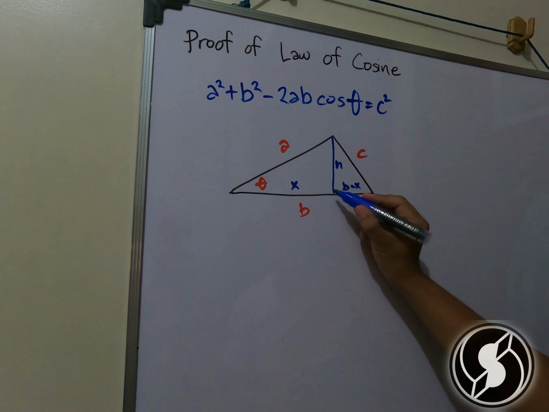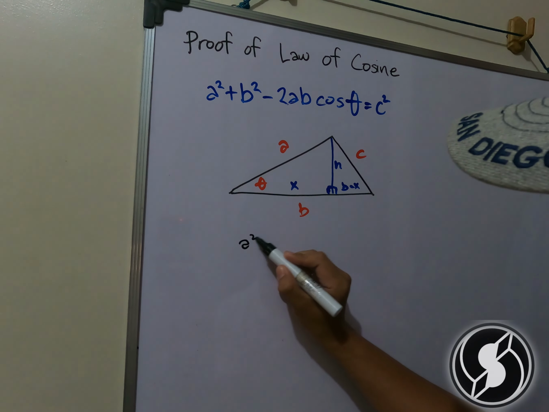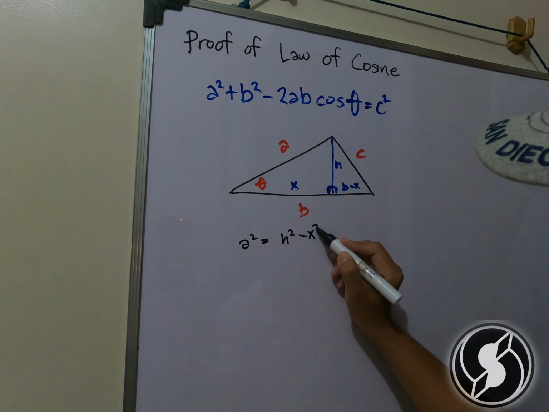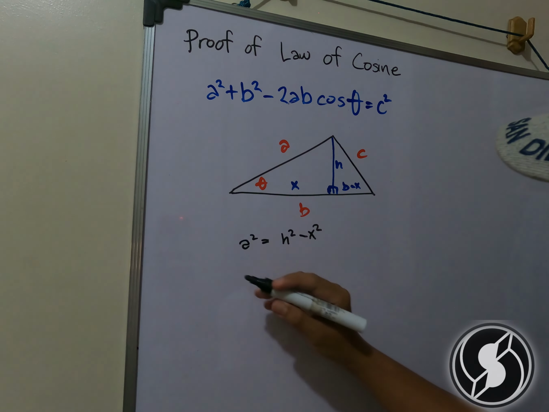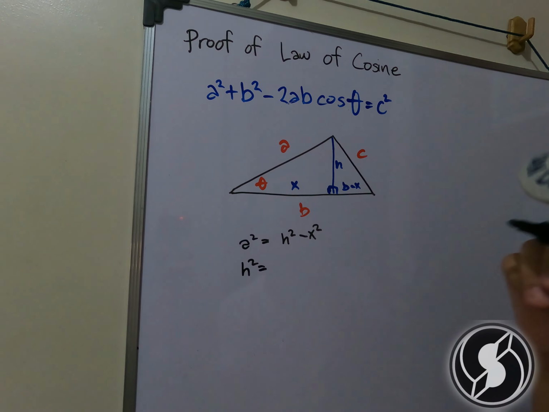So by Pythagorean theorem, we will now have a squared is equal to h squared plus x squared. So let's solve for h squared.